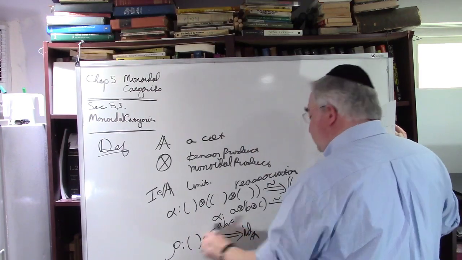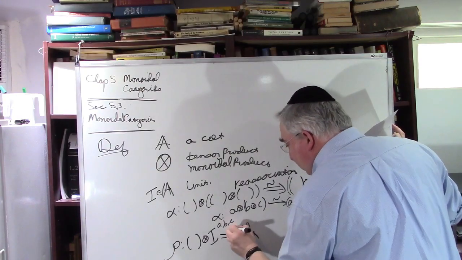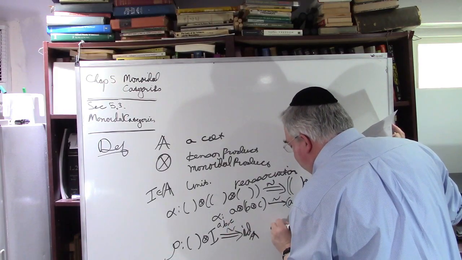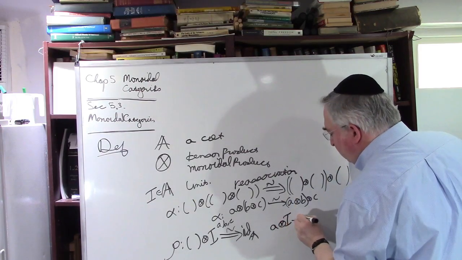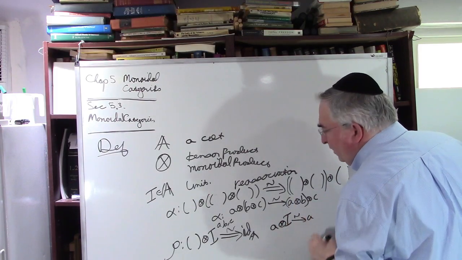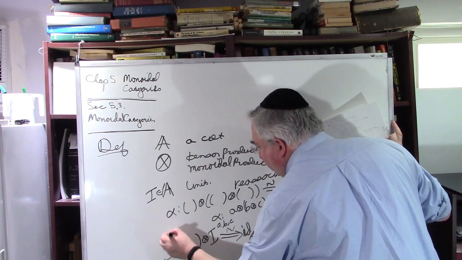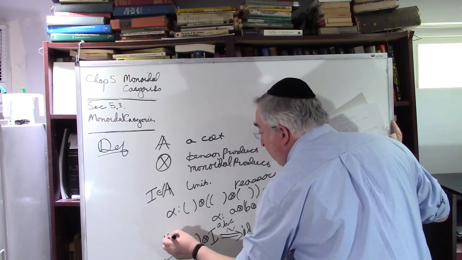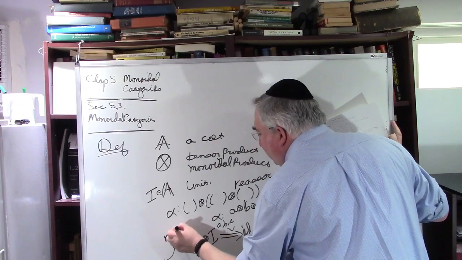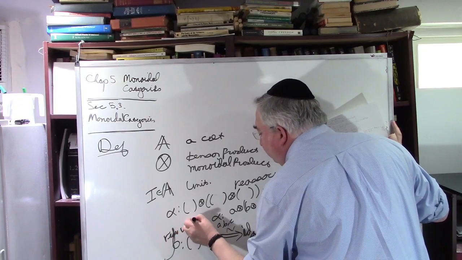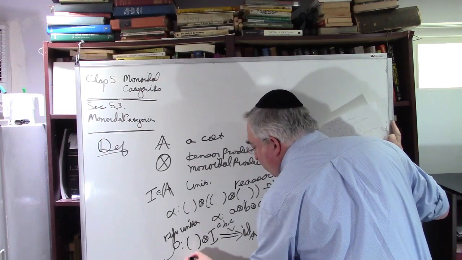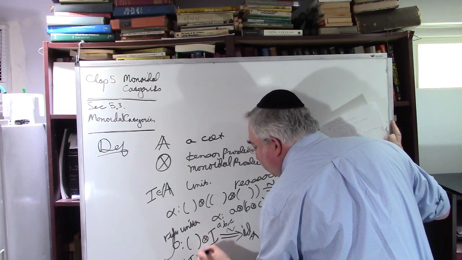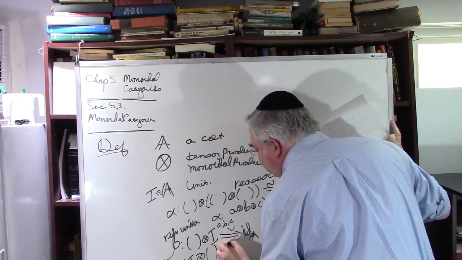Again, this is an isomorphism. So this is A tensor I isomorphic to A. This is called a right unitor, with the Greek letter rho. And you have lambda, which goes from I tensor to the identity.